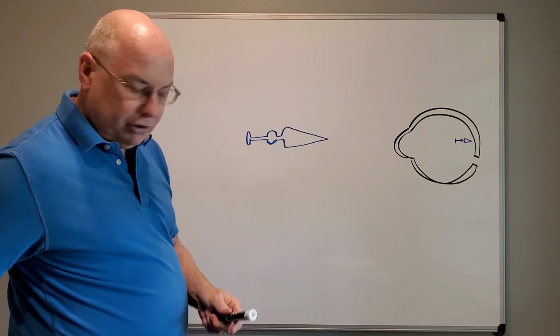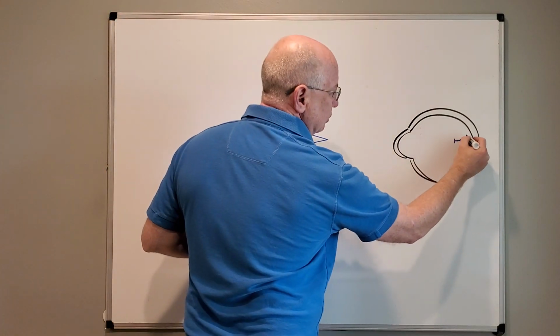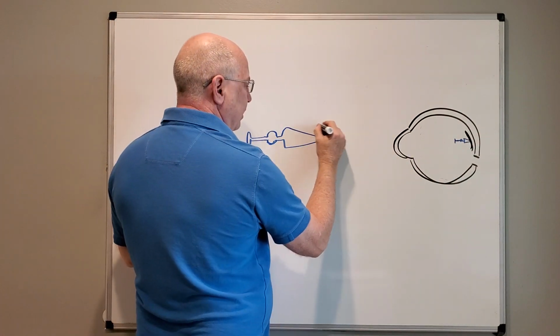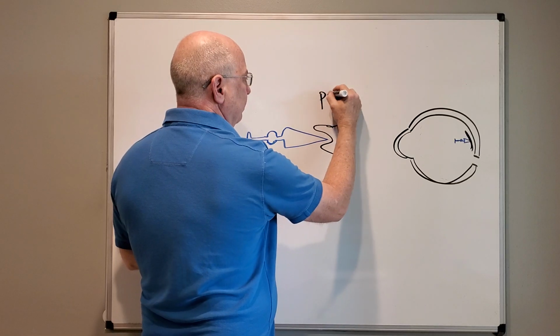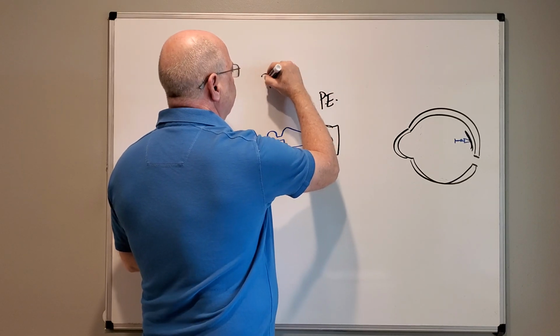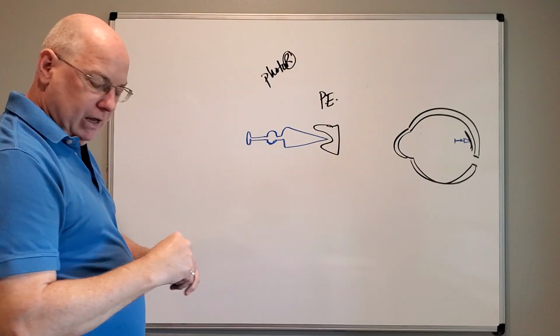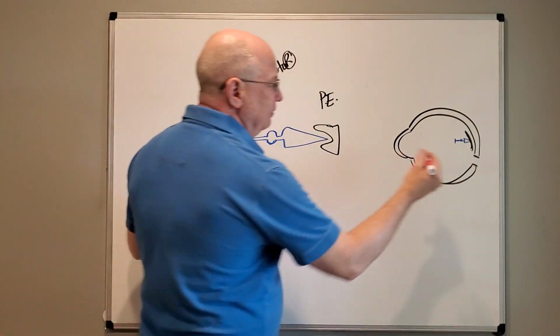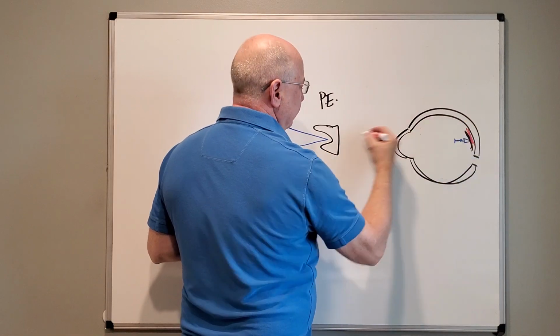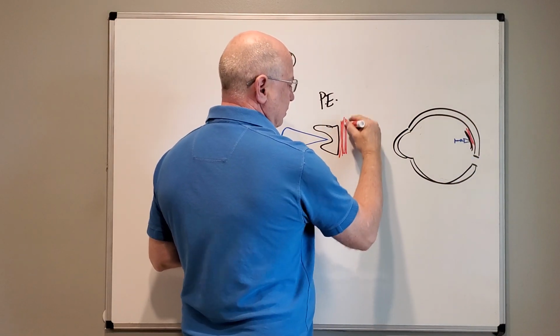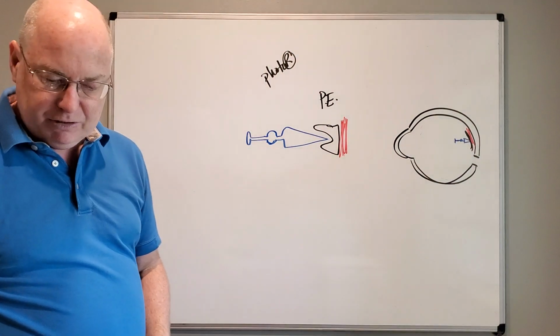Now the cone cells are going to be facing the pigmented epithelium, which is right here. So I'm going to have my pigmented epithelium. Again, I'm just going to put PE here. I'm going to put photoreceptor here so that we can see the layers in order. Now right beyond the pigmented epithelium is going to be my choroid layer, my blood vessels. And then outside of that is going to be sclera.